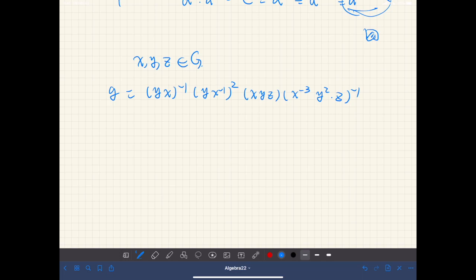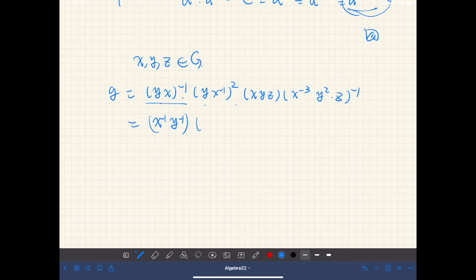Okay. For this one, we have the inverse of a product is the product of inverses, where the order of the product is reversed. So that's x inverse and y inverse.